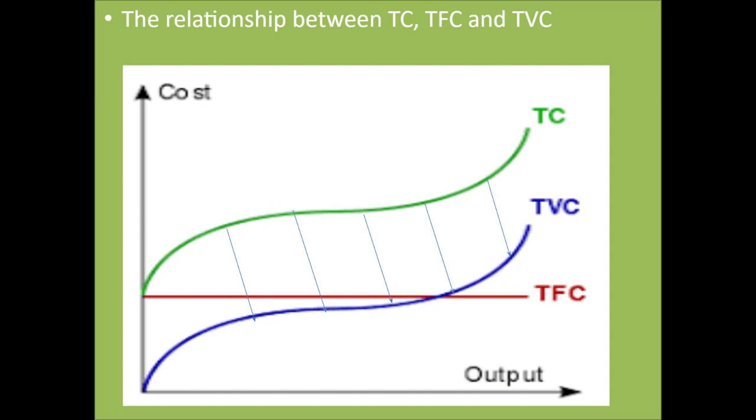The green curve is parallel to the blue curve, which means the total cost curve is parallel to the total variable cost curve. And the distance between total cost and total variable cost is equal to the total fixed cost.